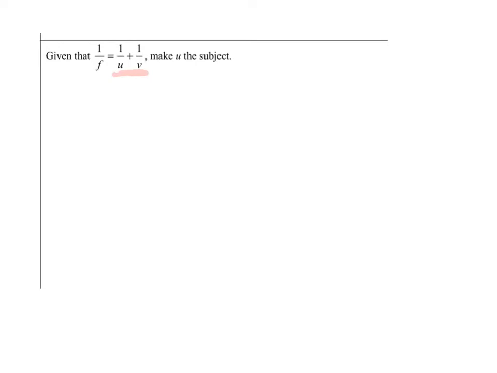Oh, I can make them into the same denominator first. So 1 over f will be equal to, what is going to be the denominator? u and v, so uv. So I need to multiply v to here, u to this side. So it's v plus u.